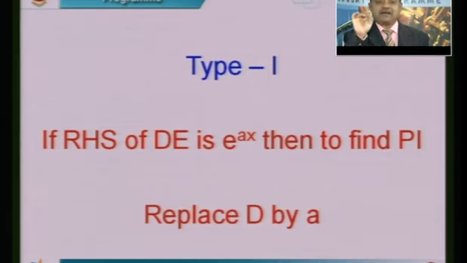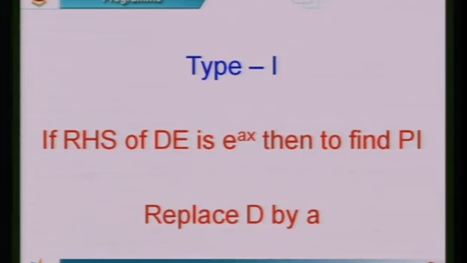What are the critical forms in type 1, or indirect forms of type 1? While substituting the value, you may get 0 in the denominator. Last class itself I have shown you so many examples.